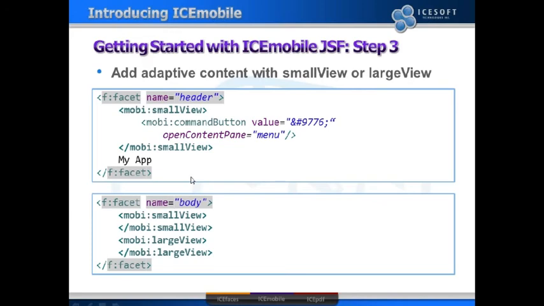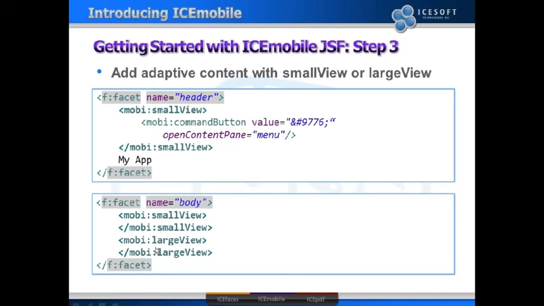But I only want to show it for handheld users. I don't want tablet users or desktop users to see it. So to do that, I can simply use mobile small view and put a Mobi command button in there. This is a Unicode for the mobile menu icon, and this will only be shown for handheld users.